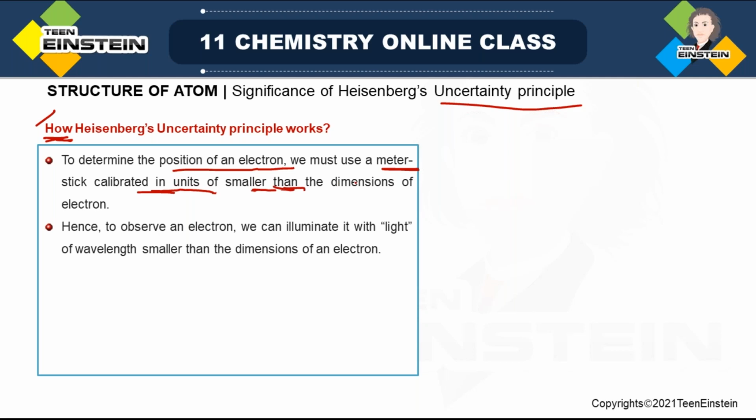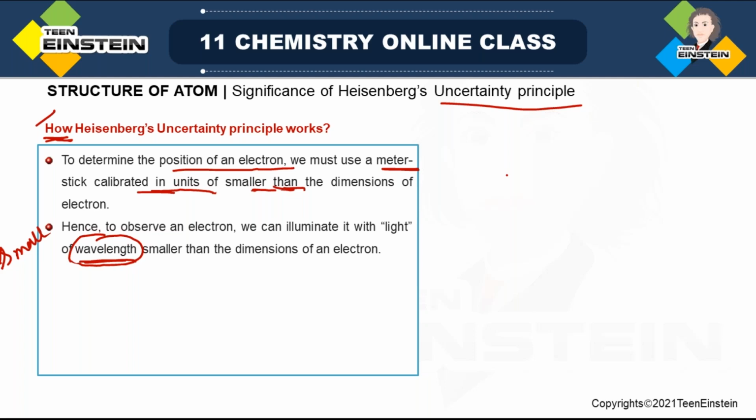Now as electrons are very small in size, when we are using light for knowing its position, there is some specific wavelength, and this wavelength must be very small, because as mentioned in the previous point, the meter stick must be calibrated in units smaller than the dimension of the electron.